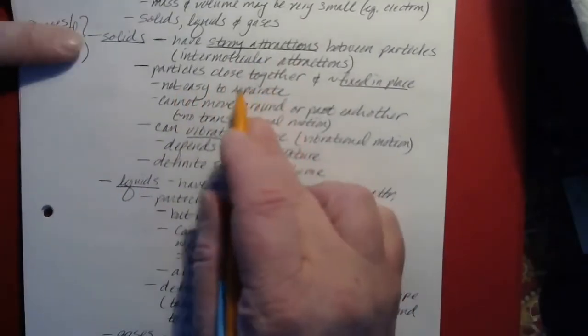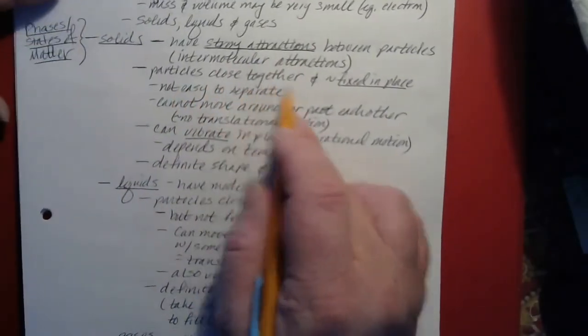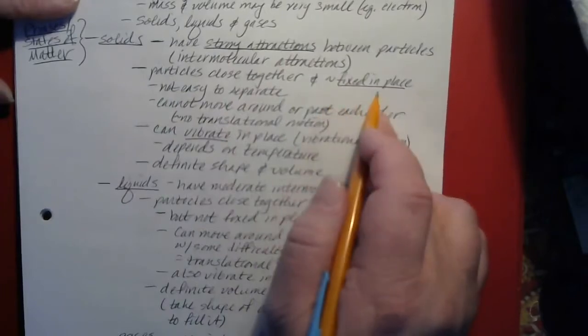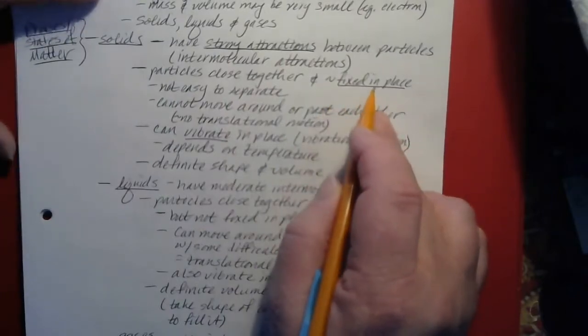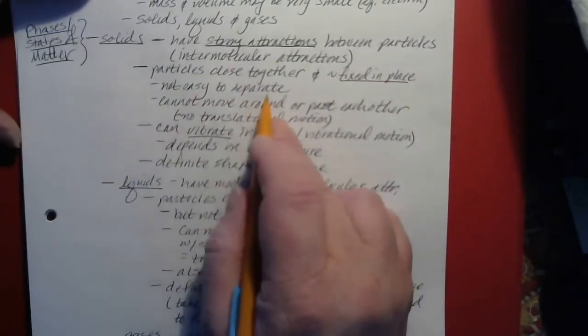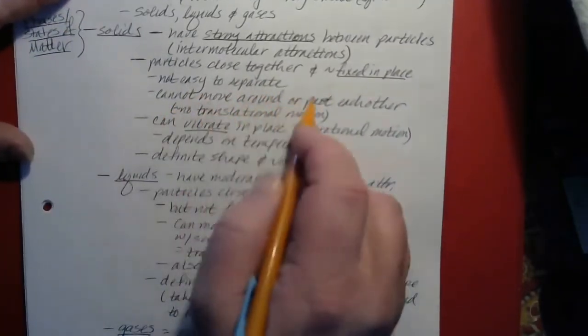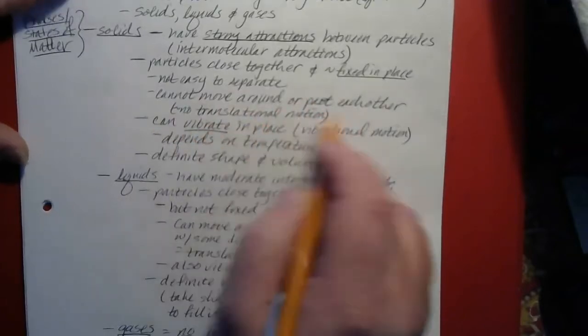Well, it means the particles are likely to be close together and more or less fixed in place. They don't like to move around relative to one another. So they're not easy to separate because they're strongly attracted to each other, kind of like two strong magnets. They can't move around or past each other.